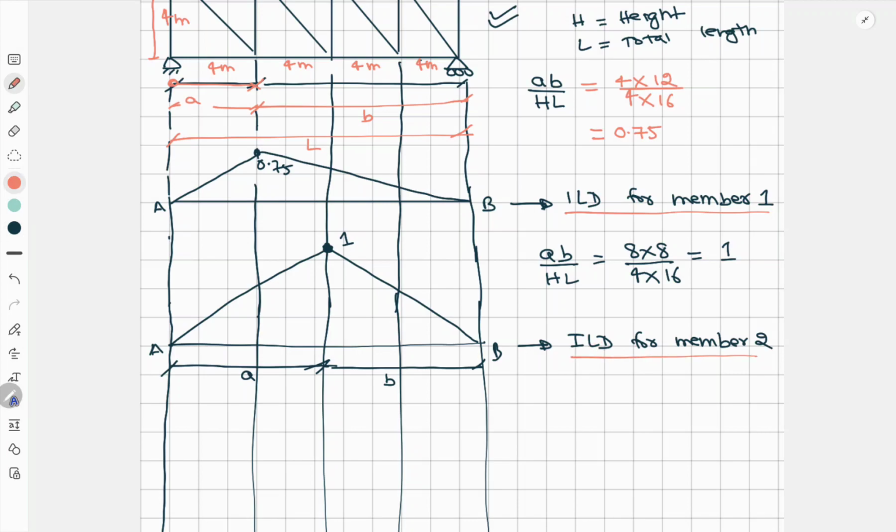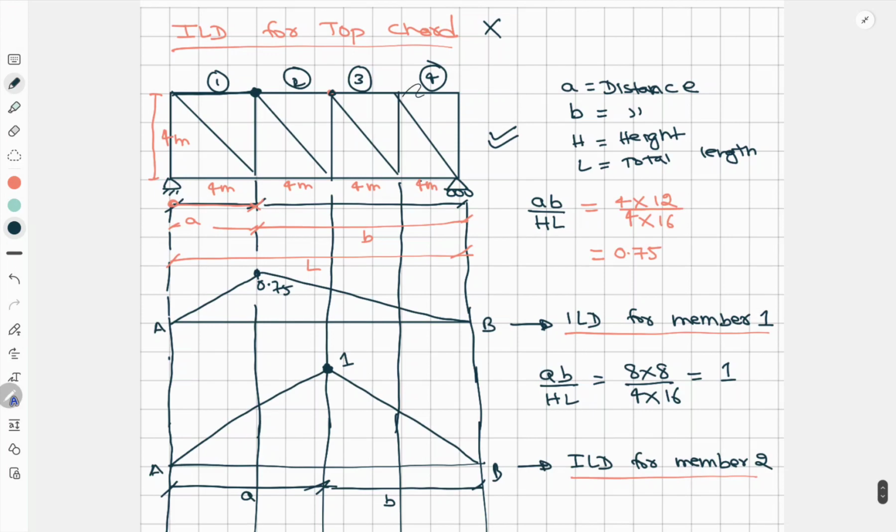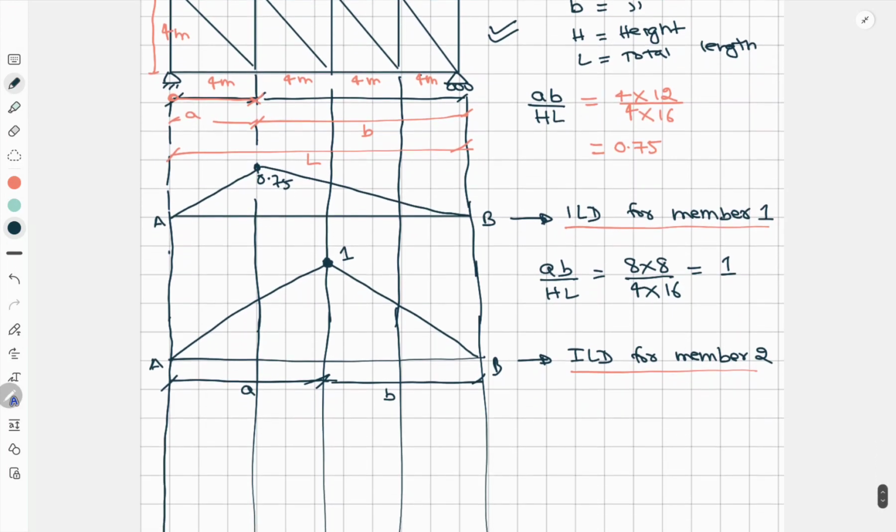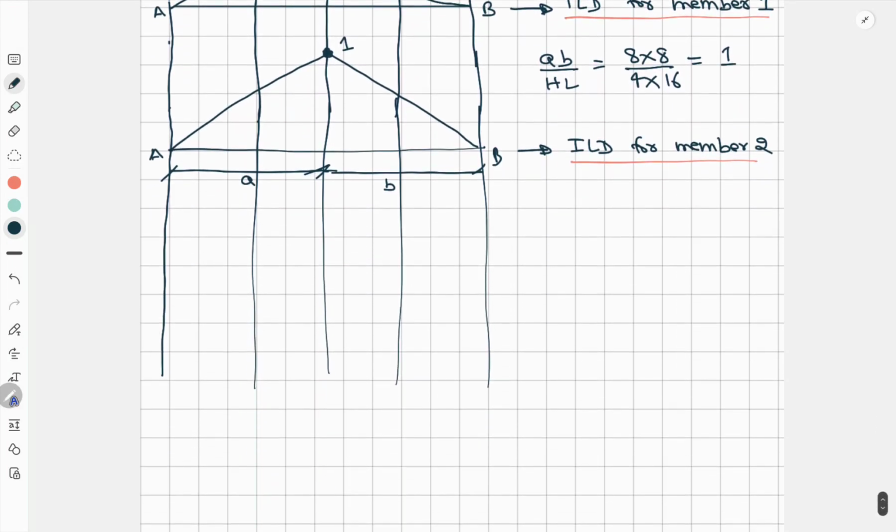Now again we have to draw for the third member. Okay, so now again we have to draw this, and we are drawing for this member, right? So it will be like this. The ILD for member 3 will be like this. Now we have to find this value.